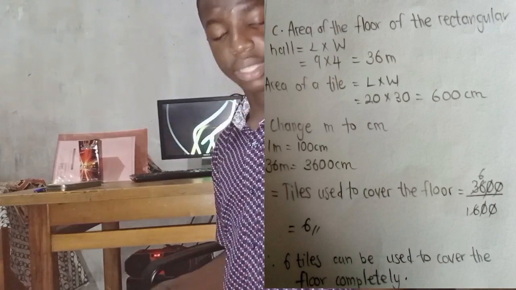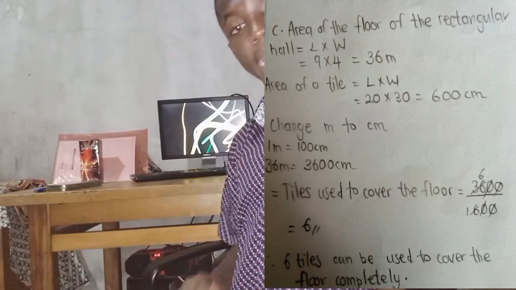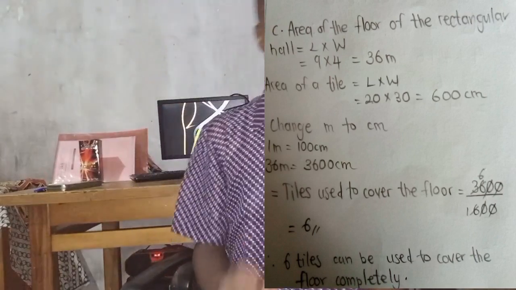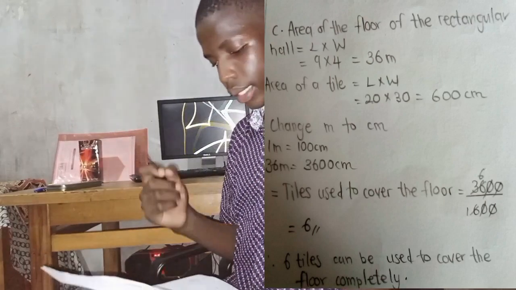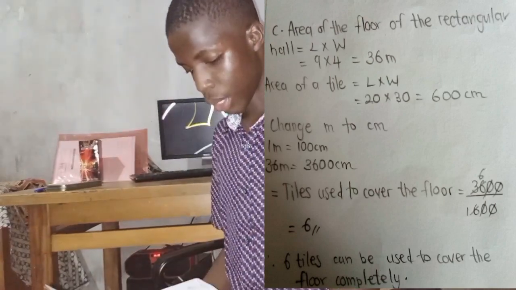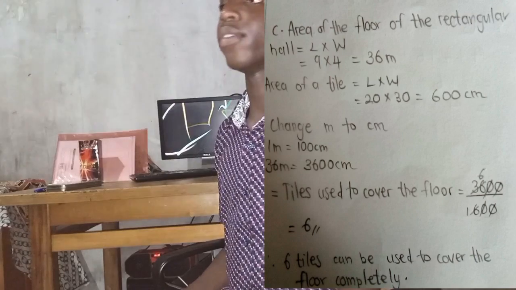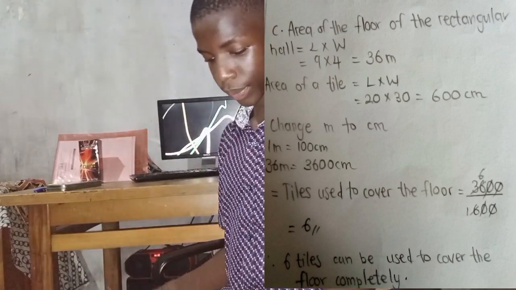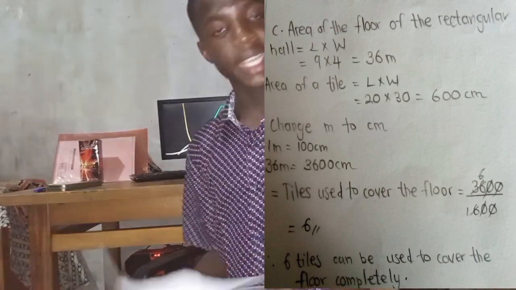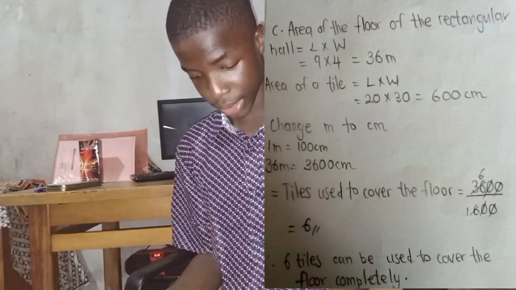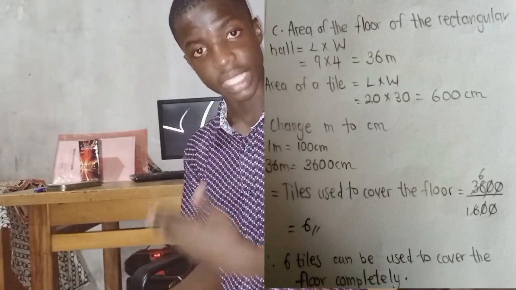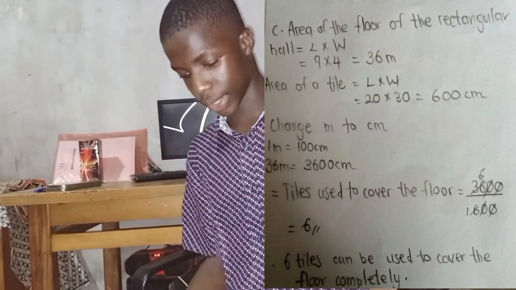And the area of the tile is length times width, our 20 centimeters times our 30 centimeters, which is equal to 600 centimeters square. So now we change the meters to centimeters. So 1 meter is equal to 100 centimeters.